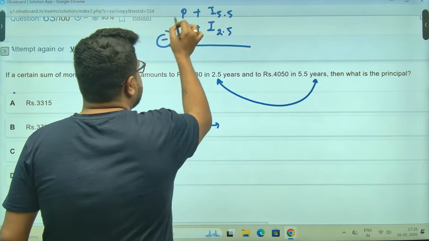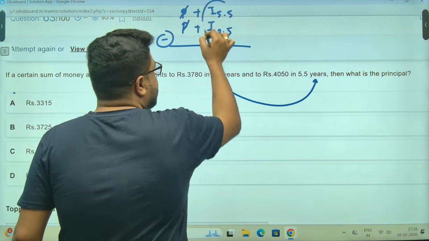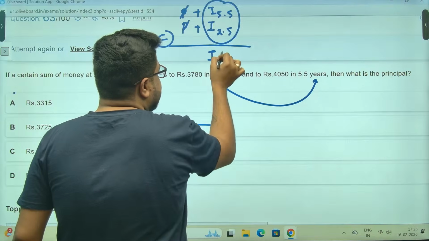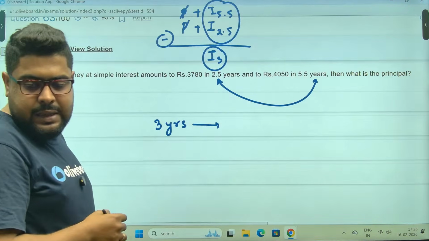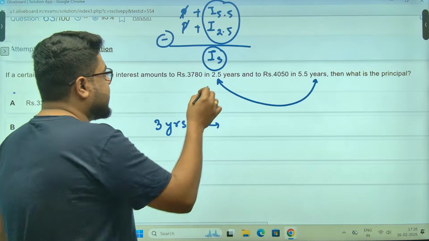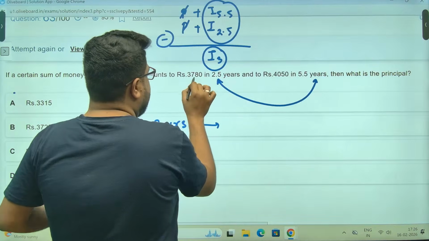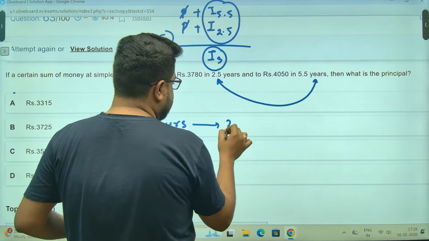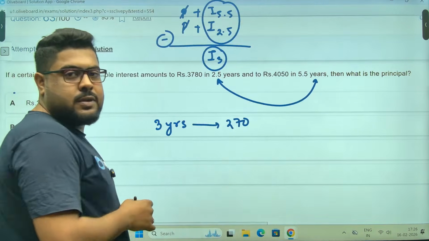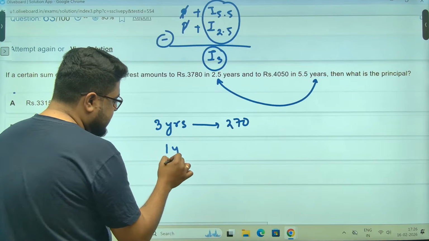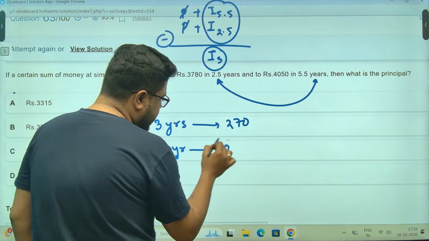If we subtract, sir, P cancels. So we only get the difference of interest, meaning interest for 3 years. Interest of 3 years, that will be this. So this is 800 to this 250 to 70 rupees. Sir, every year interest is 90 rupees.